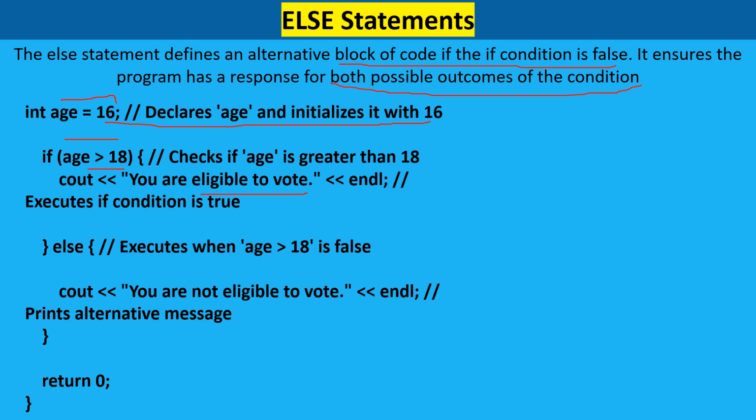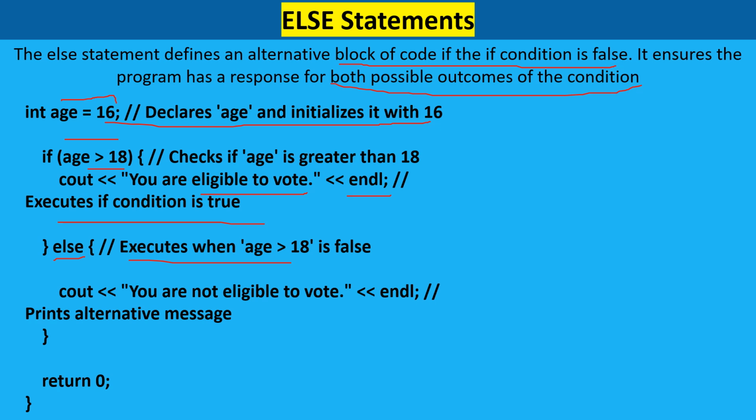This line is executed only if the age is greater than 18. It prints you are eligible to vote, followed by a new line. Else: the else block starts here and executes when age greater than 18 is false.